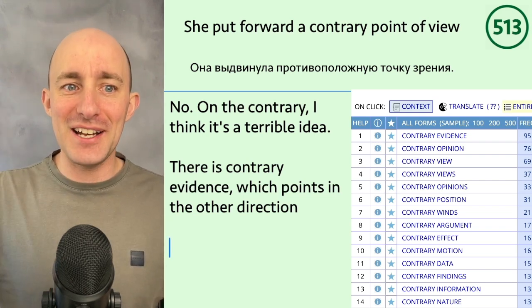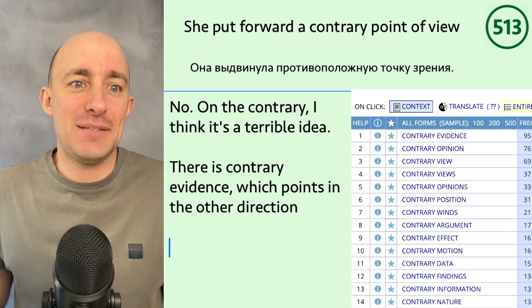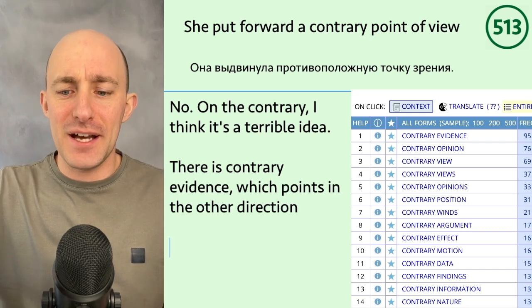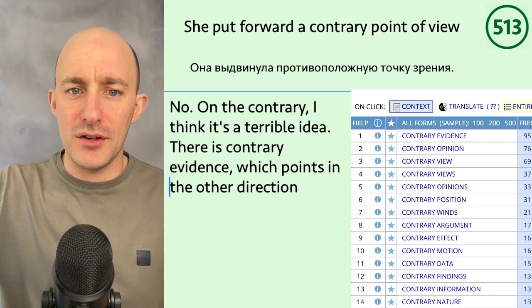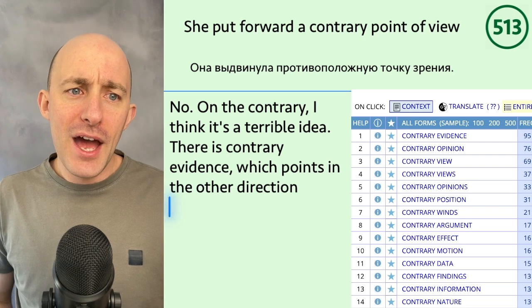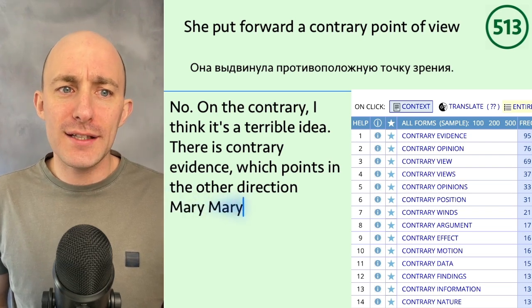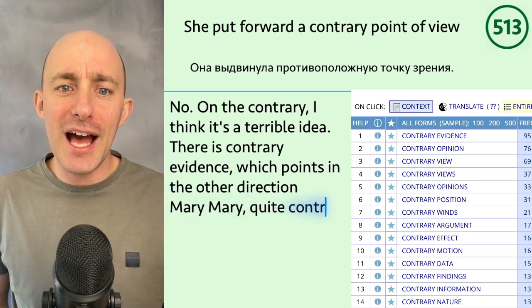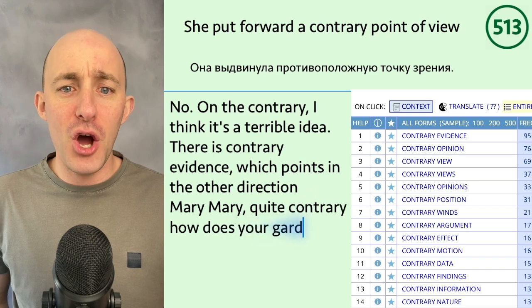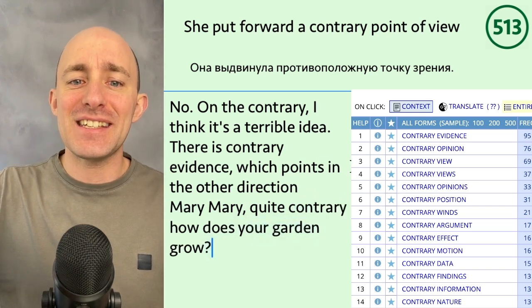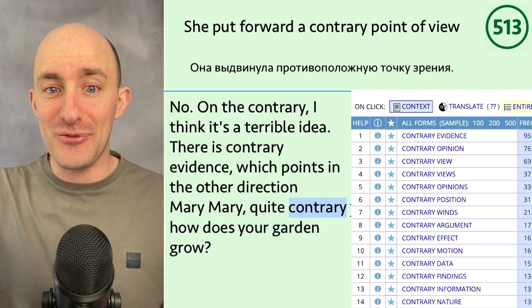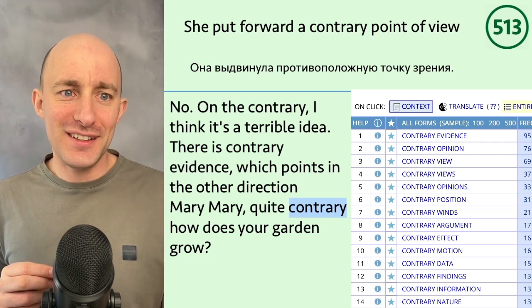There is also an adjective, contrary. It's spelt exactly the same. There's a children's nursery rhyme. It goes, Mary, Mary, quite contrary, how does your garden grow? This adjective contrary isn't used very often, especially nowadays.